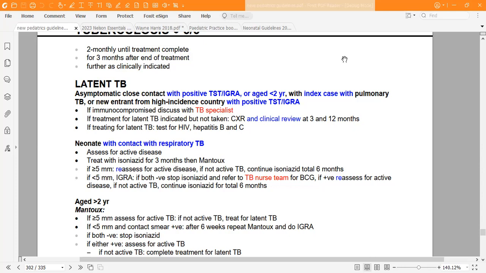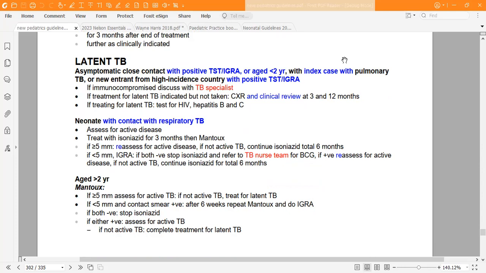If not active, I will continue treatment for 6 months. If less than 5 millimeter, I will do IGRA. If both Mantoux and IGRA negative, stop isoniazid and refer to TB nurse team for BCG. If positive, reassess for active disease. If not, continue isoniazid for up to 6 months.